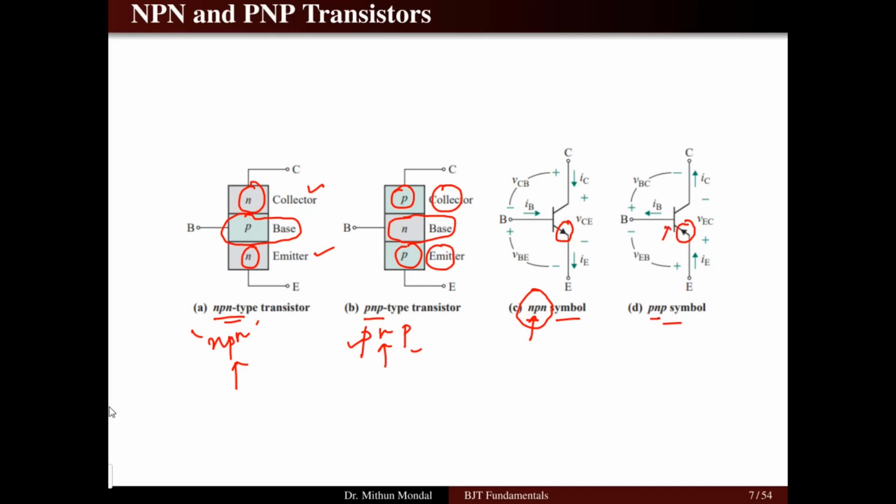So for the NPN the emitter current is flowing outward, and the base current and the collector current will be inward, whereas for the PNP the emitter current is inward towards the base, so the base current and the collector current will be outward. We will be seeing in a while that the KCL equation we write is: the emitter current is equal to the base current plus the collector current.